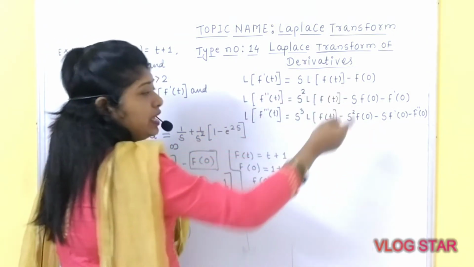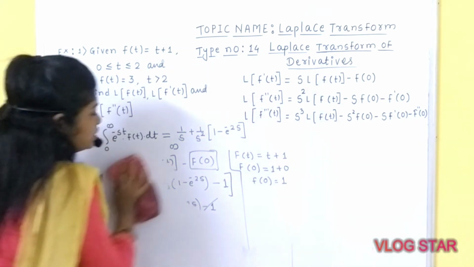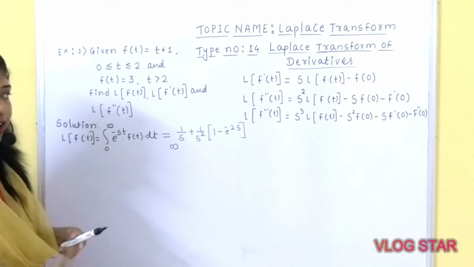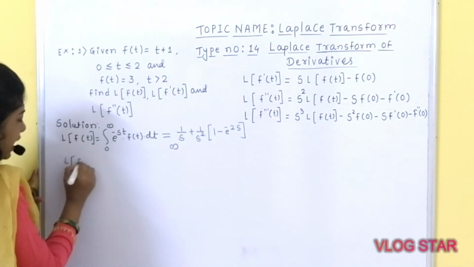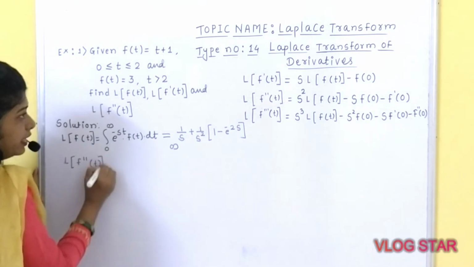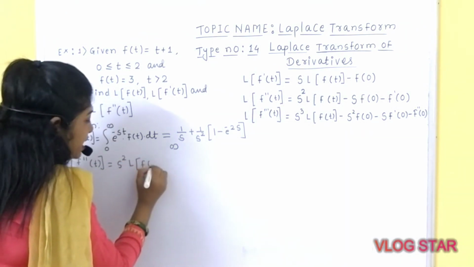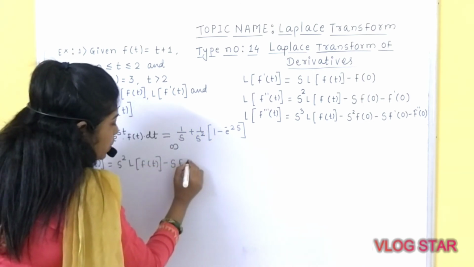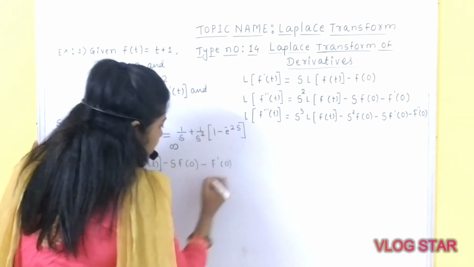Similarly, now we need to calculate Laplace of f double dash of t with the help of the second formula. So what is given? Laplace of f double dash of t is nothing but equal to s square Laplace of f of t minus s into f of 0 minus f dash of 0.